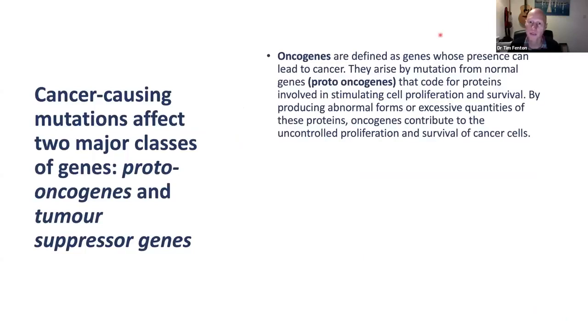Oncogenes are defined as genes whose presence can lead to cancer, and they are mutated versions of normal genes called proto-oncogenes that code for proteins involved in stimulating our cells to proliferate and survive, and a number of other characteristics.